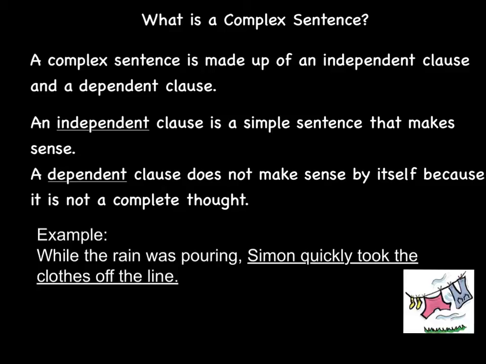However, the other part is while the rain was pouring. It is not a complete thought. It looks like we're trying to actually add more information. So there you have it, an independent clause, Simon quickly took the clothes off the line, and a dependent clause, while the rain was pouring.